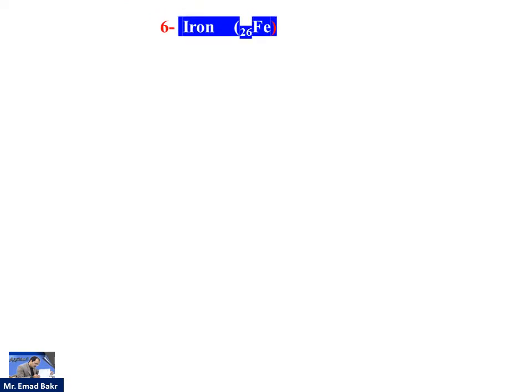The next element is iron, Fe 26, the most abundant transition element in the first transition series in the Earth's crust.